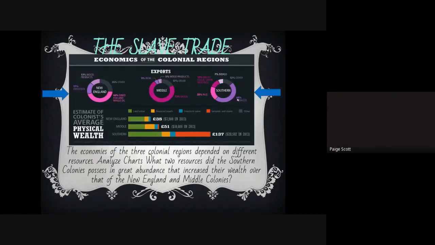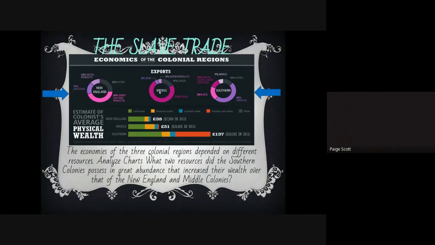All right, so in the slave trade, we will also talk about the economies of the colonial regions. The economies of the 3 colonial regions depended on different resources. In New England, we will see that 13% was wood products, 17% was livestock, 44% dried fish and whale oil, and 26% was other.